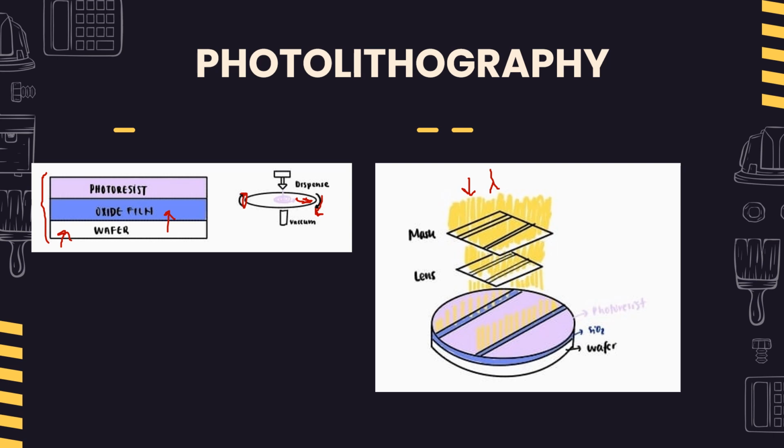So this drawing can be translated into this, basically. Our pattern was two parallel lines. So here we will have two parallel spots in which the photoresist was removed, and that is how we can create the pattern we like in any transistor.